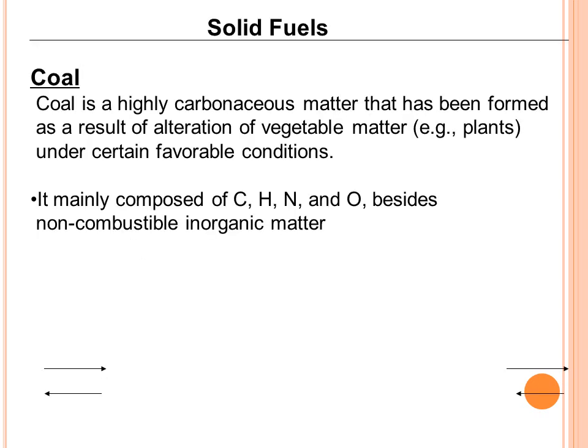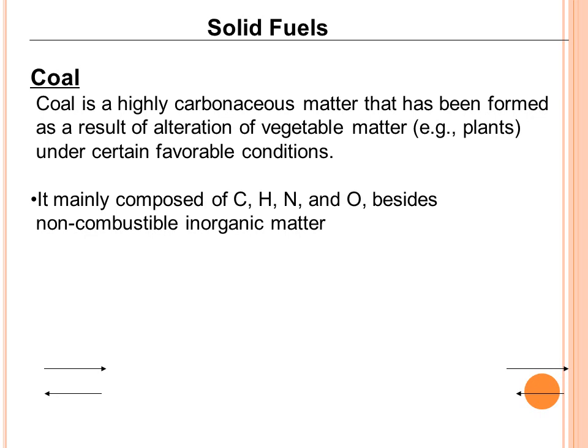Now we have to see some fuels in detail, like first coal, a solid fuel. Coal is a highly carbonous matter that has been formed as a result of alteration of vegetable matter under certain favorable conditions.